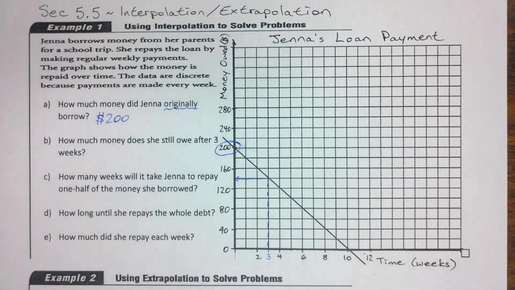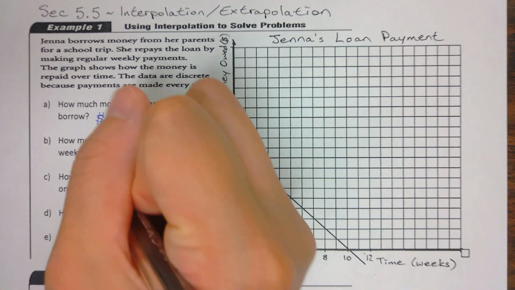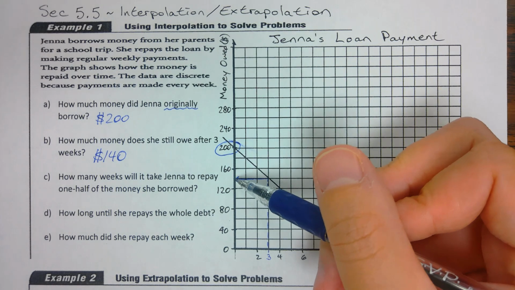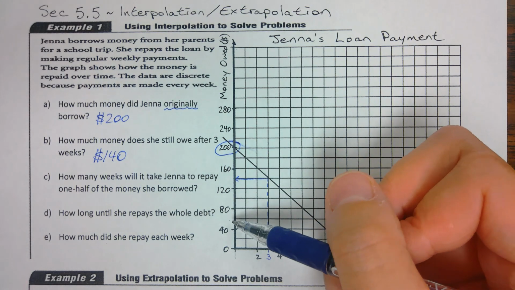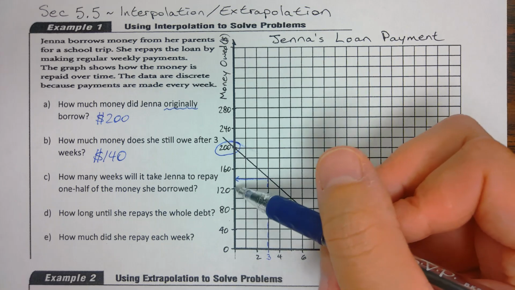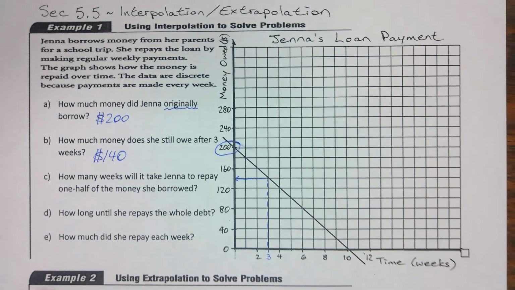And that is how much, Joshua? $140. Right. Okay, $140. Keep in mind the scale. Make sure you read the scale properly because it's every 20. Every box is $20. So that's 140.